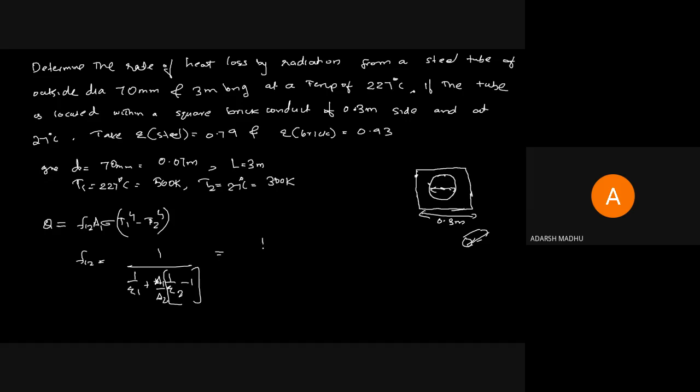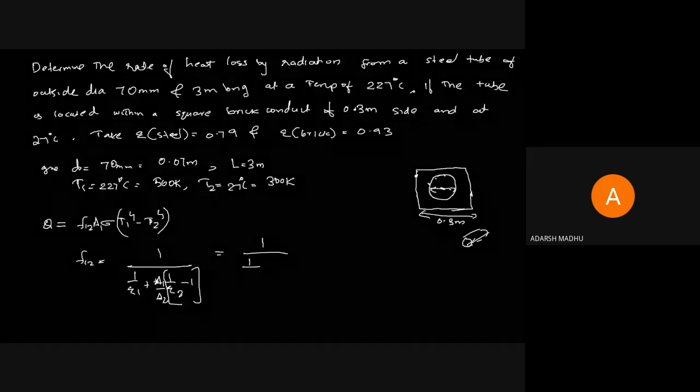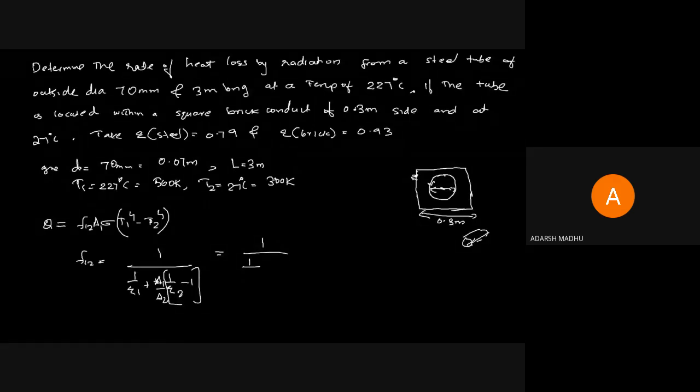So substitute the values to find the value of F12. The area will be A1 here, A2 here, 1 to 2. So 1 by epsilon 1 is given as 0.79.